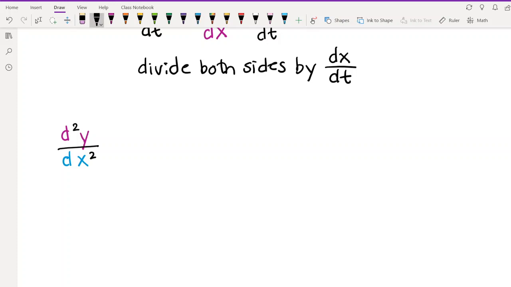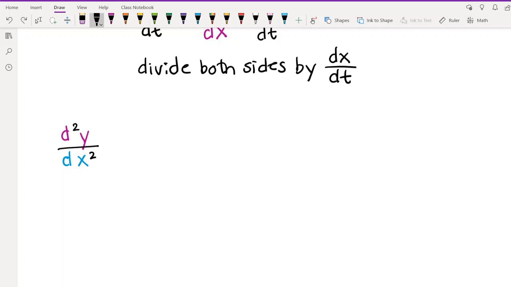The reason for that is basically that d dx together is the part that means you're taking the derivative of y. So if you're taking the second derivative, you're not squaring y, you're just doing the derivative part twice. That's why this notation looks the way it does.